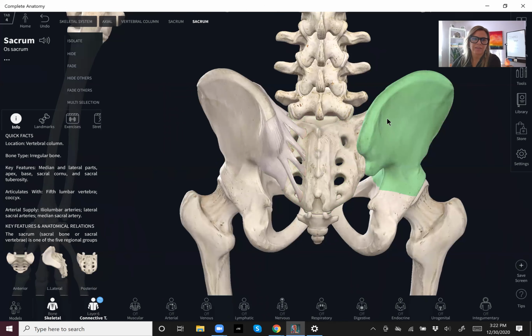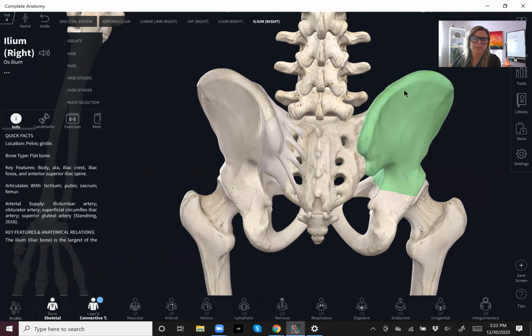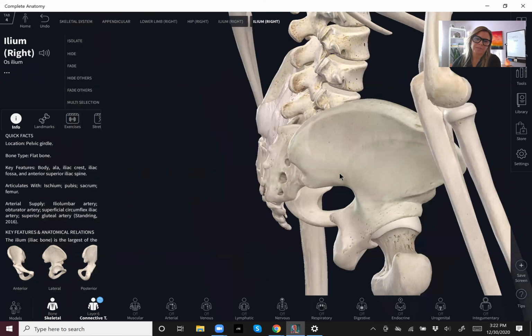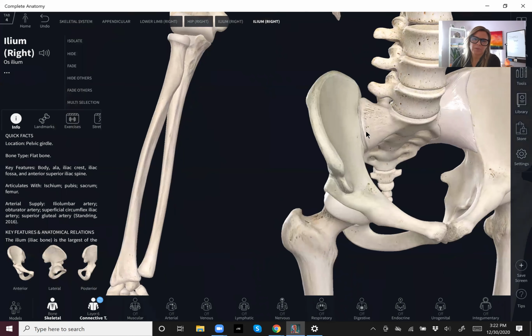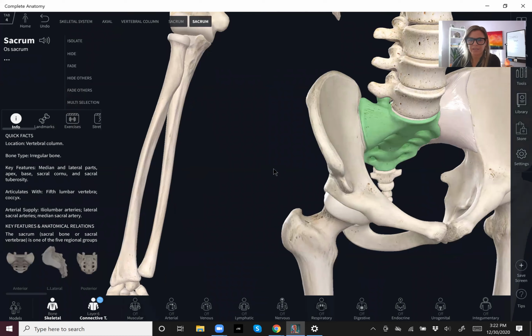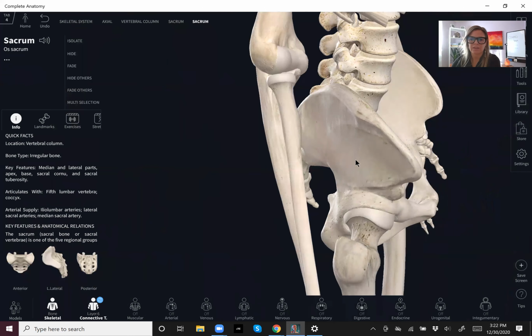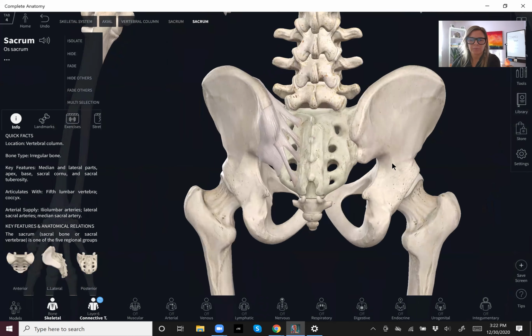So if I can highlight that here, this is part of the hip bone here that's called the ilium. So there is a joint that happens, we'll turn them around, between the ilium and the sacrum, and it's called the sacroiliac joint. And again, we'll review this here so you don't have to worry about remembering that right now.